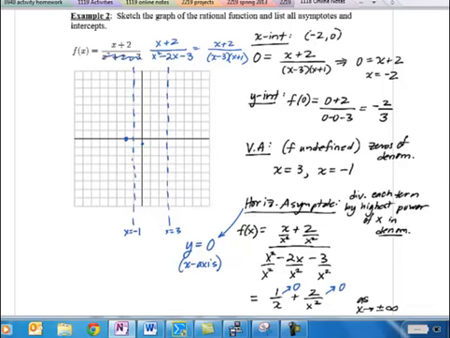And there's a horizontal asymptote, so in the long run, the graph is getting closer and closer to the x-axis. So I'm going to put that dotted line out on the right edge and on the left edge. Now we just need to know, how are we going to put the rest of this graph together?